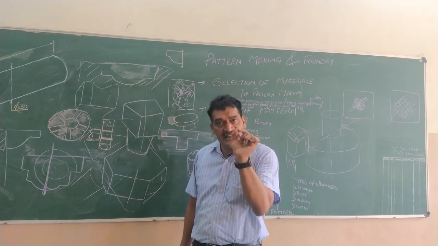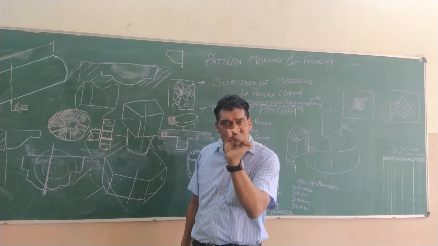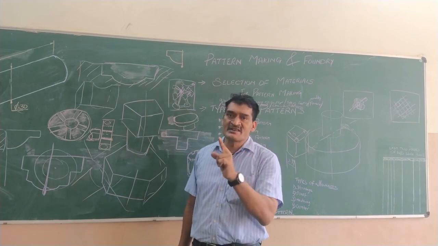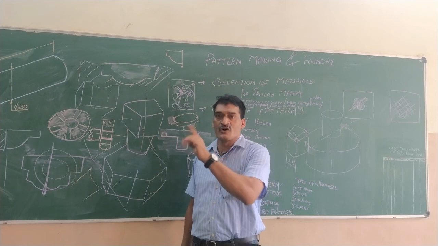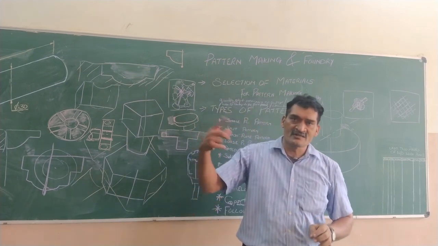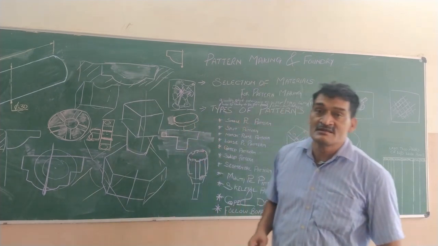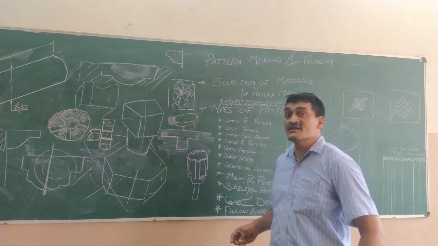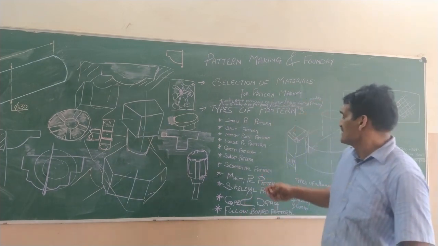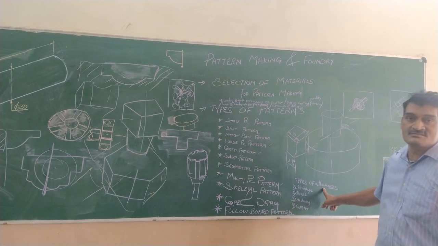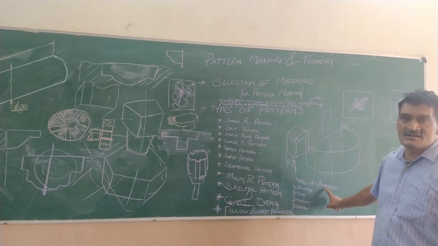So this error that is permitted, or change in dimension that is permitted either on the shaft or on the bore, is called clearance, or it is called allowance or tolerance.